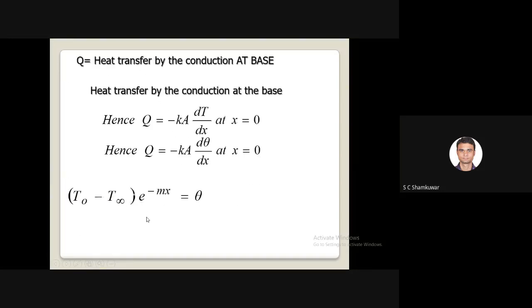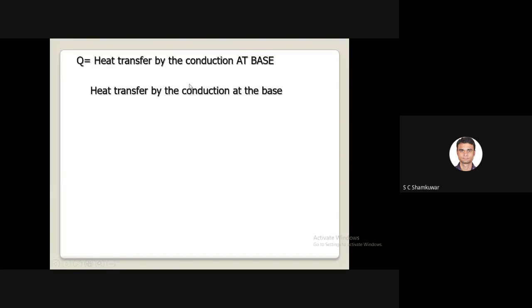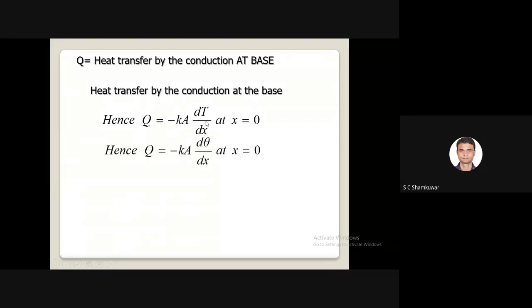Now what about T infinity? T infinity is constant, the atmospheric temperature, and when differentiating a constant, it is 0. So dT by dx is equal to d theta by dx. Therefore, when calculating the heat transfer by conduction at the base, q is equal to minus kA dT by dx at x equal to 0, and we replace dT by dx with d theta by dx. Very good, Harsh.